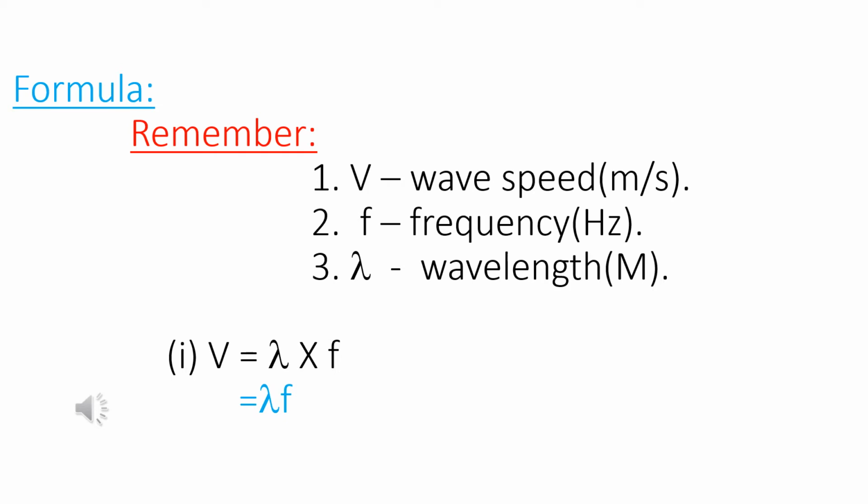Remember, these are what we shall be using. V means wave speed. f means the frequency, and this one which is like a V upside down is the wavelength.